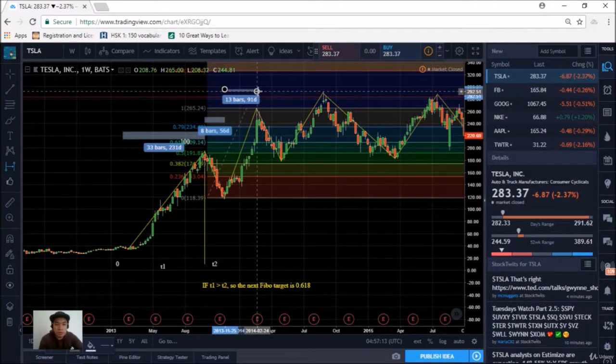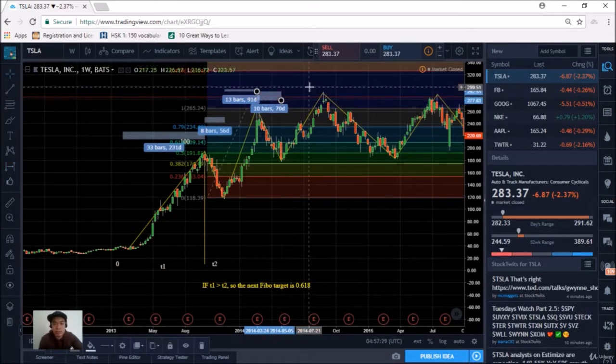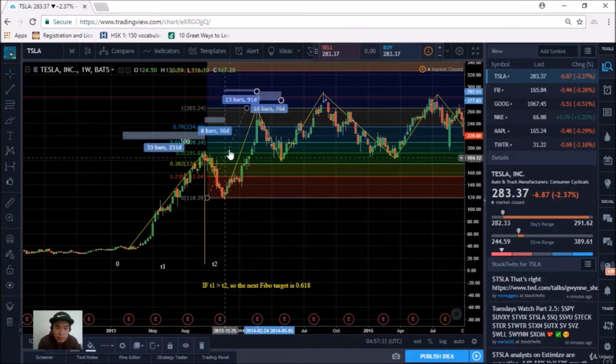Sometimes if you don't have the function to calculate your bars or candles, you have to do it manually to see how many candles there are. So you can see that it takes 91 days from this bottom to get to this distinct high, and it took 70 days to get from this high to this bottom low.